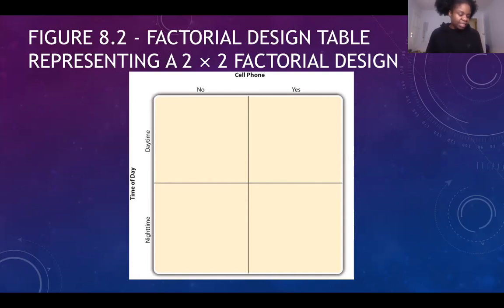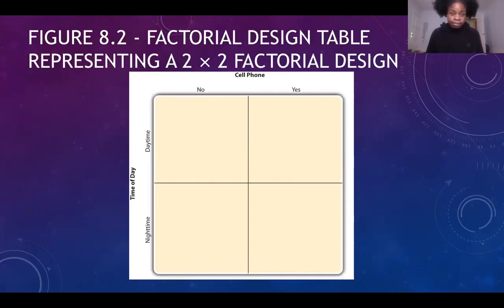The columns of the table represent cell phone use, and the rows represent the time of day. The 4 cells of the table represent the 4 possible conditions: using a cell phone during the day, not using a cell phone during the day, using a cell phone at night, and not using a cell phone at night.